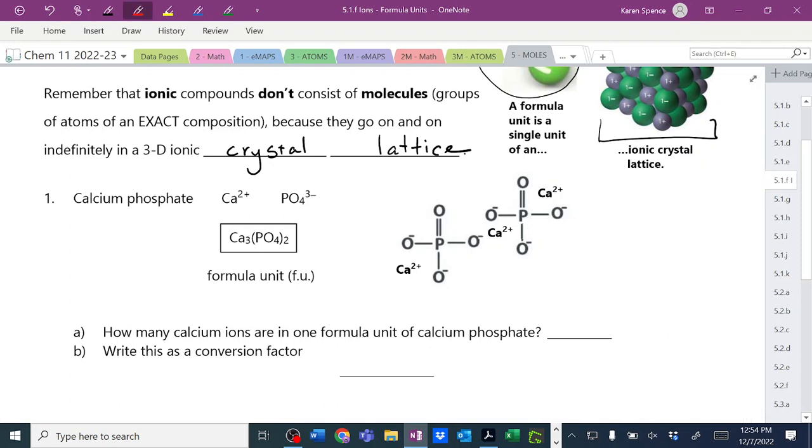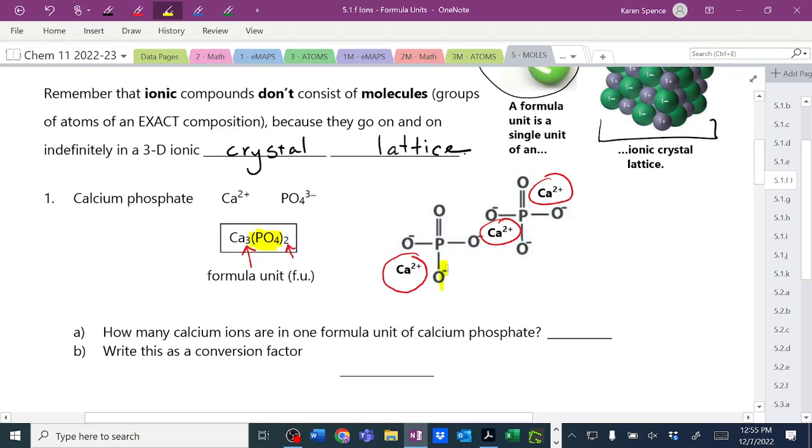So here is calcium phosphate, and you can see I have written out one formula unit of calcium phosphate where I have 3, see how we have a 3 there? 3 calciums, and we have 2 phosphates.